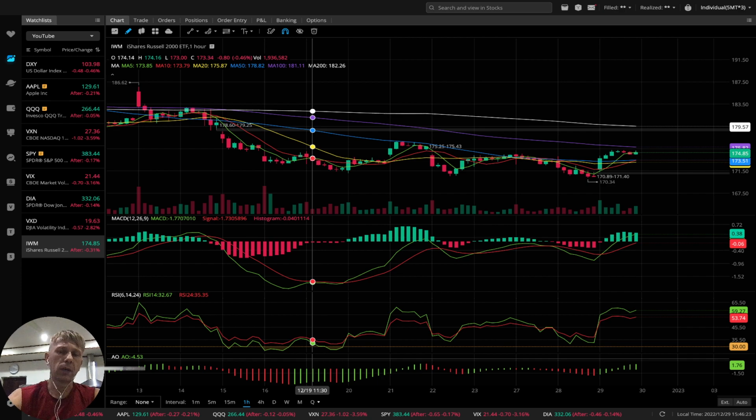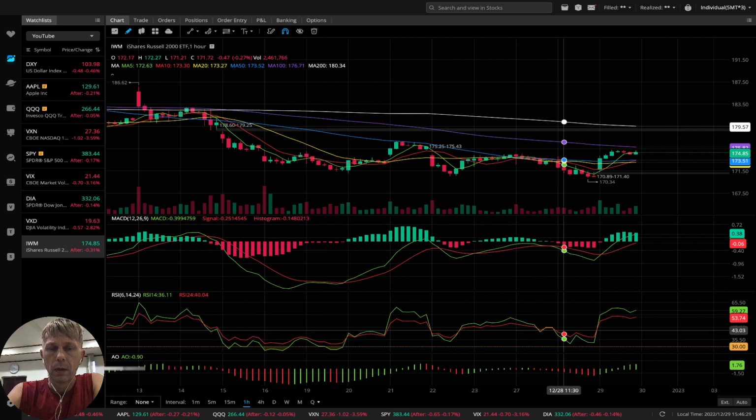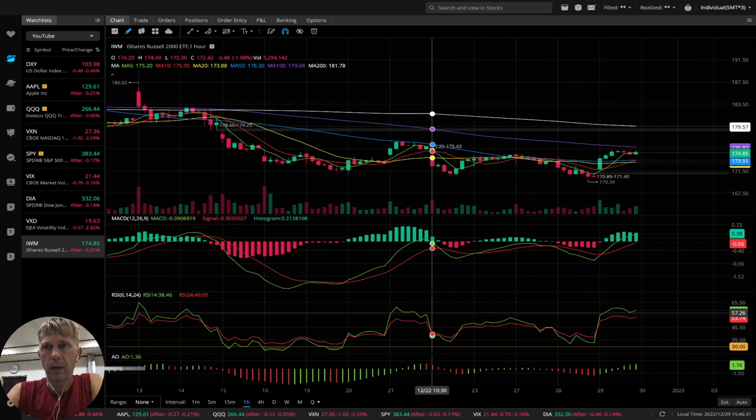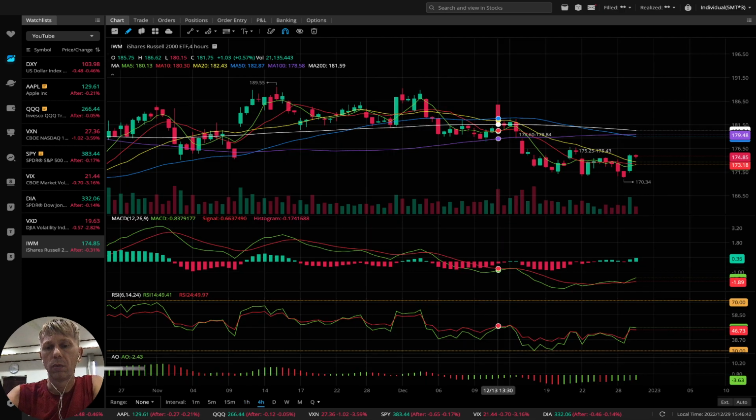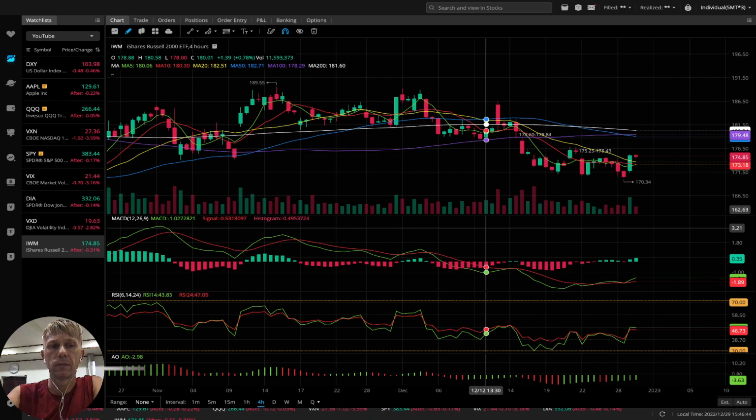Okay, let's do the summary. Is it a bull trap or a bull trend? So far, on the short time frames, like 1 hour and 4 hours, it looks like it's a bullish trend, because on 1 hour and 4 hours we have bullish signals on all indicators.